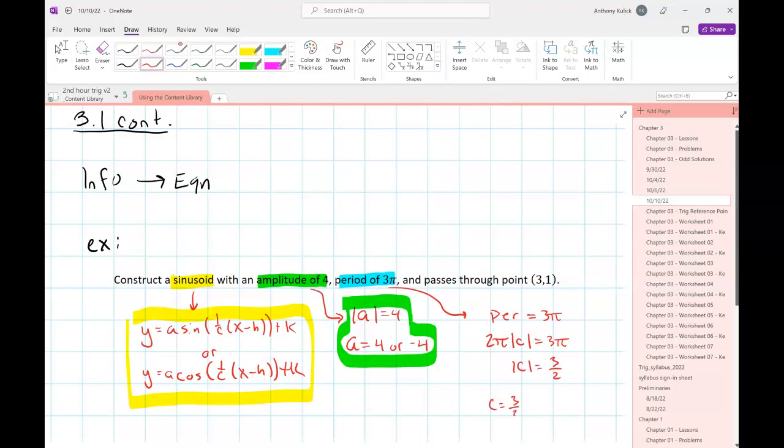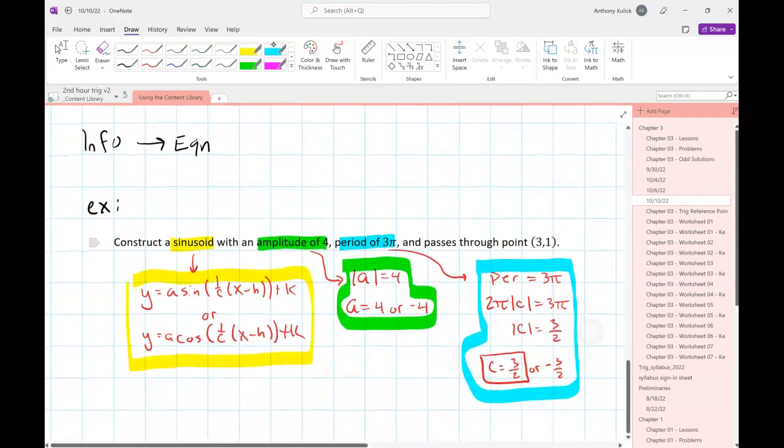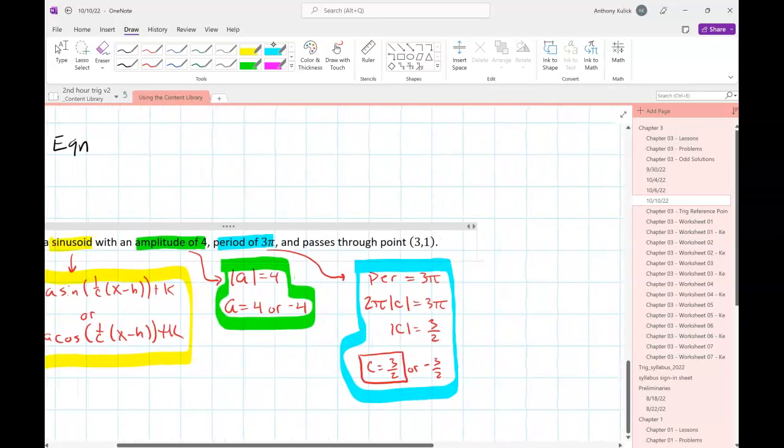So c is 3 over 2 or negative 3 over 2. But remember, we're always going to pick our c to be positive when we're doing this. Everybody okay here so far?